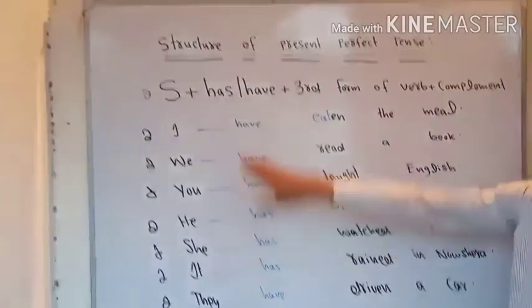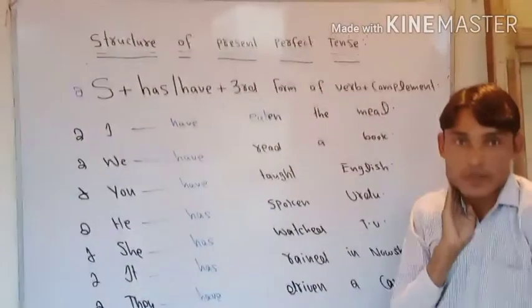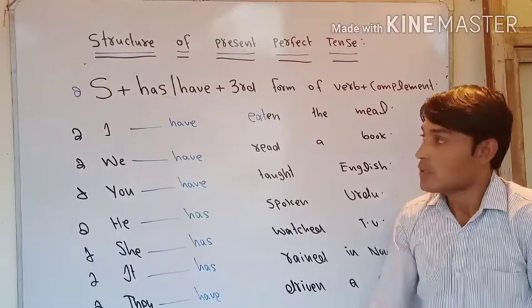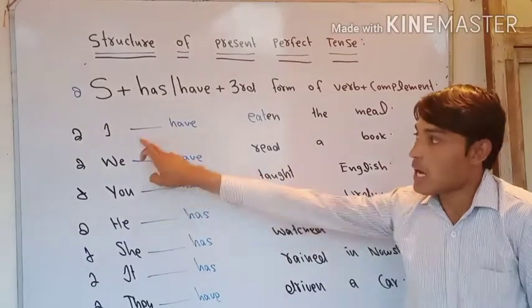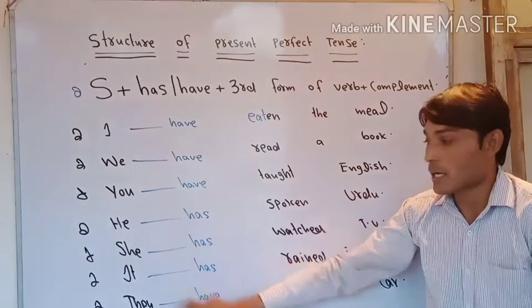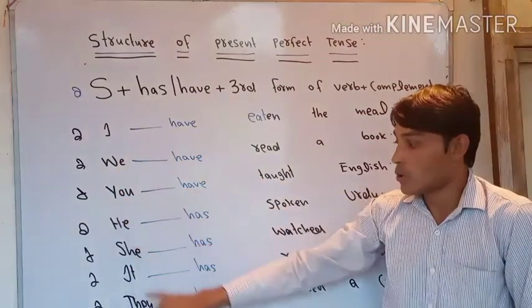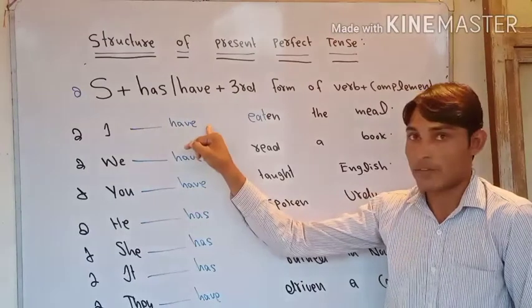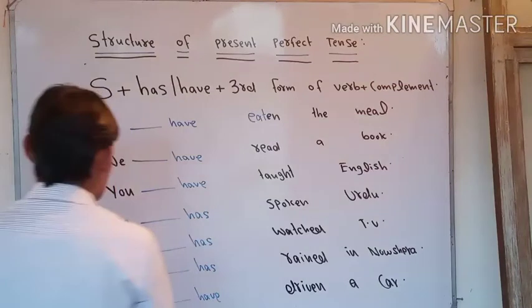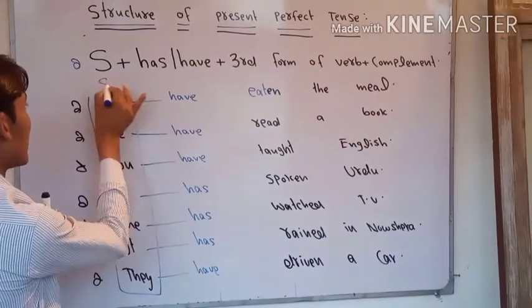According to this formula, if we want to construct a statement of present perfect tense, first of all we need a subject pronoun. As we know, we have seven subject pronouns. I and we are called first person pronouns, you is called second person, and he, she, it, and they are called third person pronouns. After I, we, you, and they, the plural, we need to add have, and after a singular we need to add has. These are called the to have auxiliary.